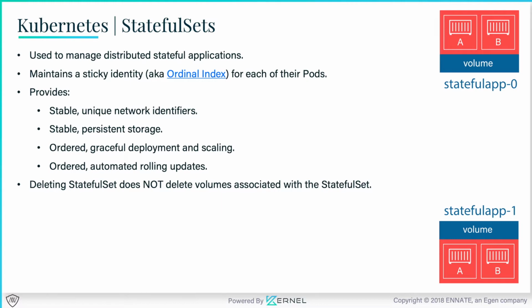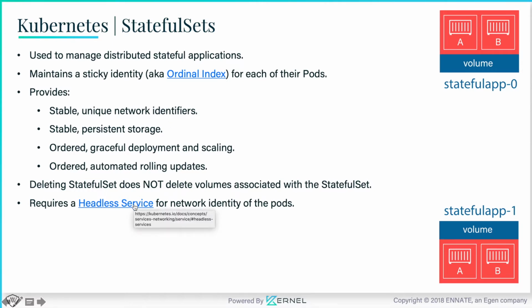One thing that it does same as a Deployment is that when you delete the StatefulSet, it does not delete the volumes associated with it, just to preserve your data. Maybe you want to delete the StatefulSet and replace it with something else using the same volumes. You can pretty much do that here as well. And then for this particular piece of unique network identifier, Kubernetes only has services, right? But the problem with the normal Kubernetes ClusterIP services or anything else is that they will do load balancing.